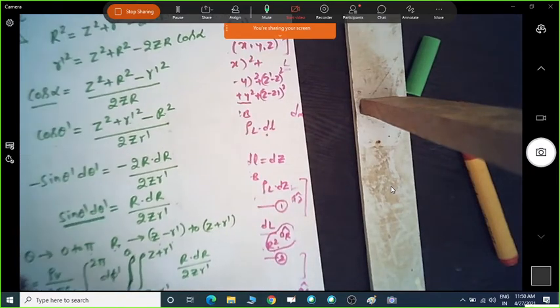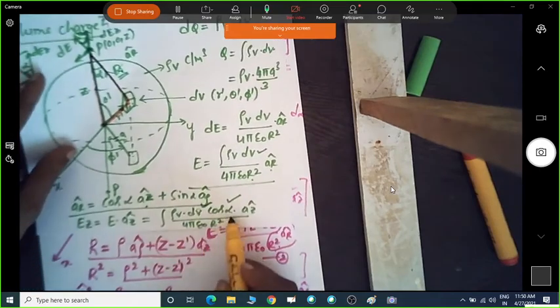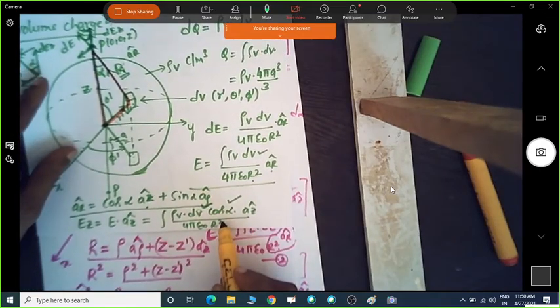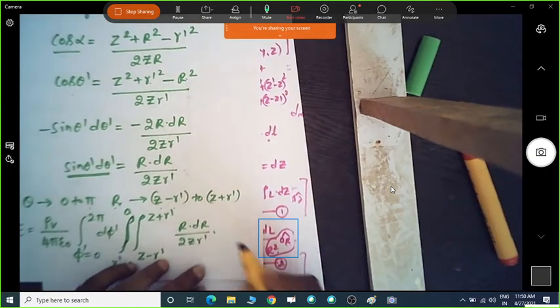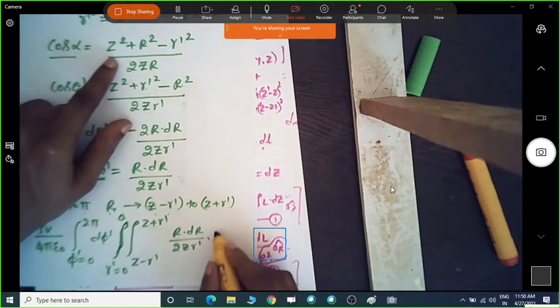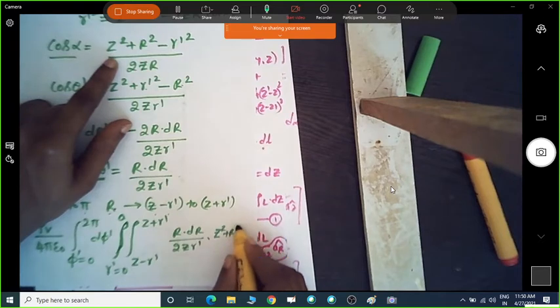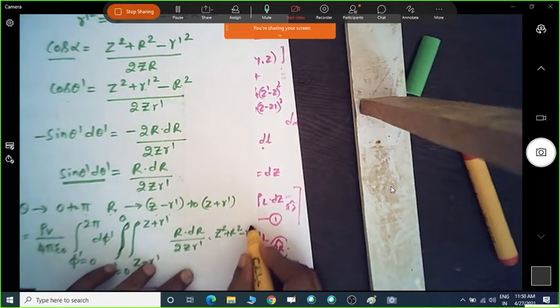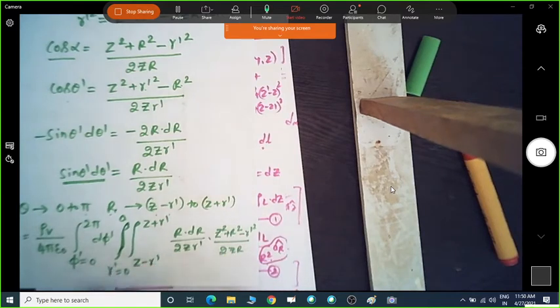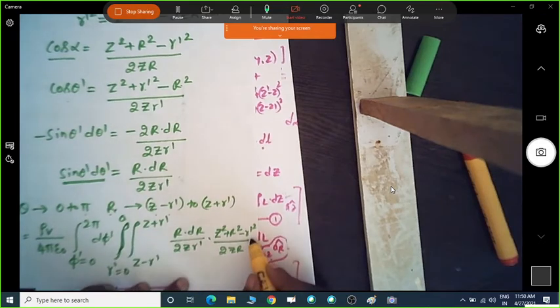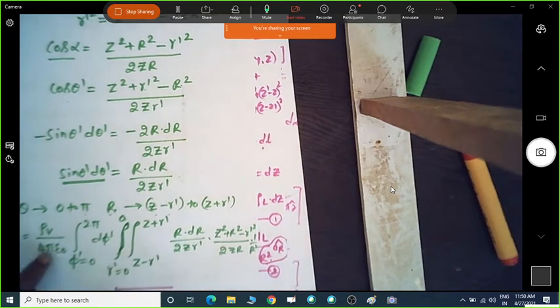Whatever cos alpha is there, you can substitute: cos alpha is z square plus r square minus r dash square, divided by 2zr. And 1 by r square is remaining as it is, because only 4 pi epsilon naught I have taken outside.